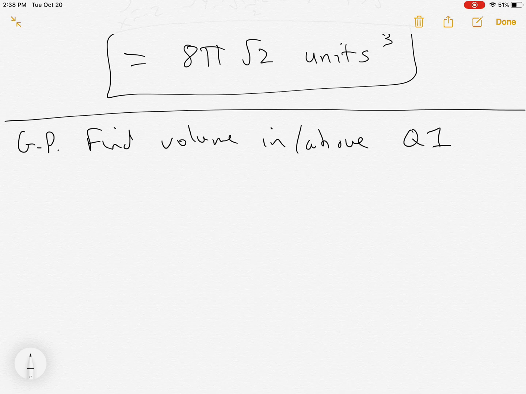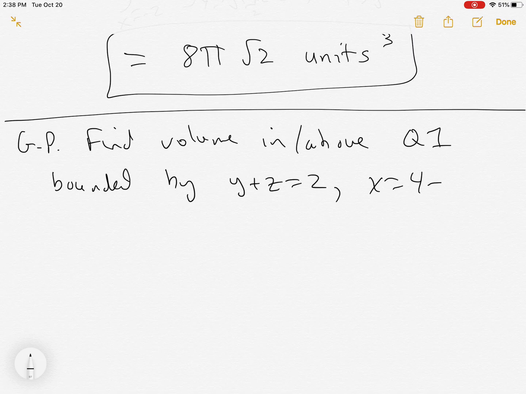It's actually octant 1, which is where x, y, and z are all positive. But we'll let R be in quadrant 1. Bounded by the surfaces y plus z equals 2, which is a plane, and x equals 4 minus y squared, which I think is a paraboloid.